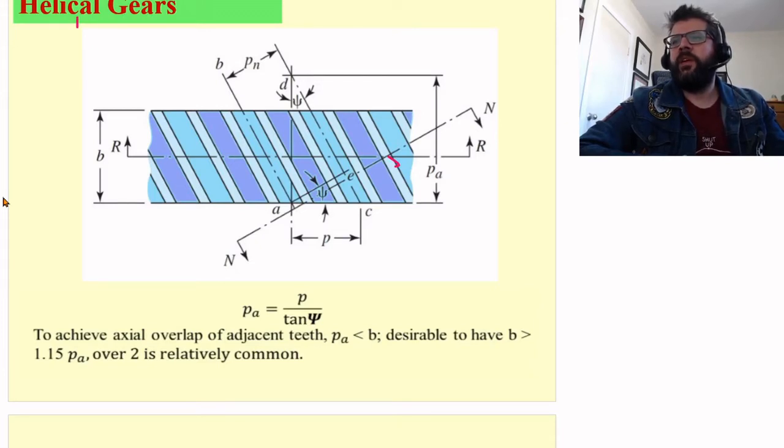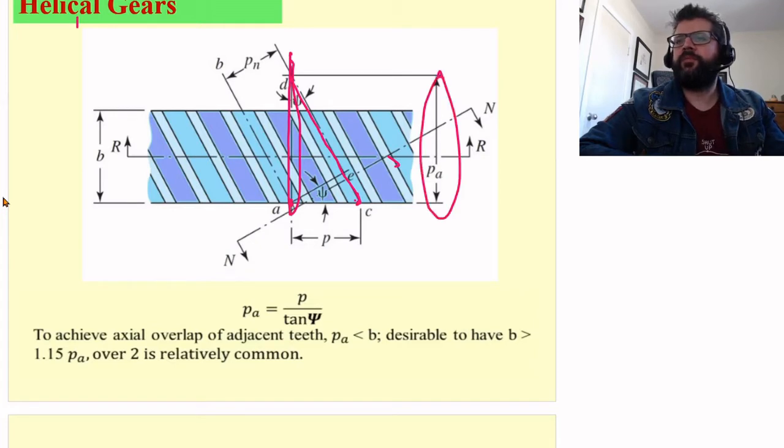So basically, if we measure from this point here to this point here, from the top of one tooth to the top of the other tooth, and then follow this line along till it intersects the position here, I'm going to call that PA.